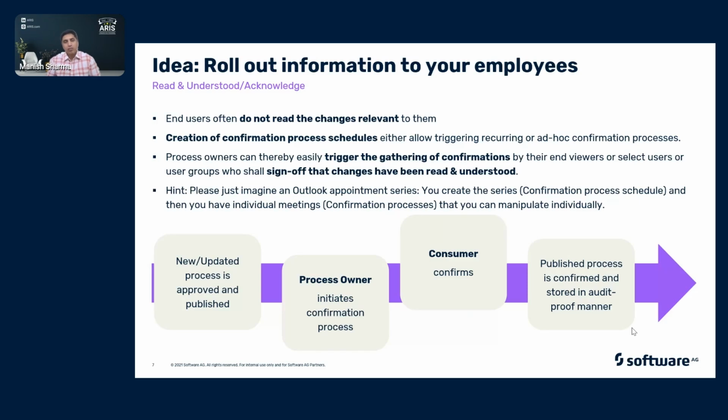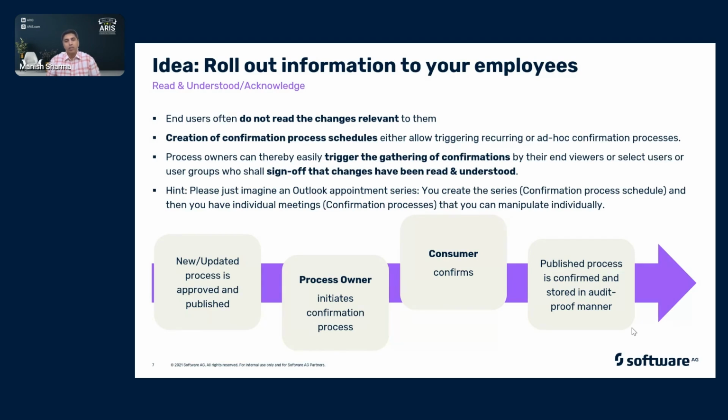So what's the process like? Usually it starts when a new process has been published or an existing process is updated. At that stage, the process owner can initiate a confirmation process. You also have an option which is not standard and needs some work, where this confirmation management can be triggered automatically by the sign off or approval of a process.